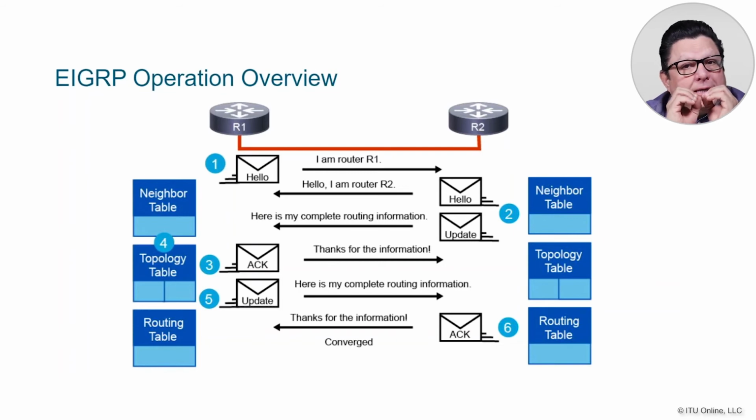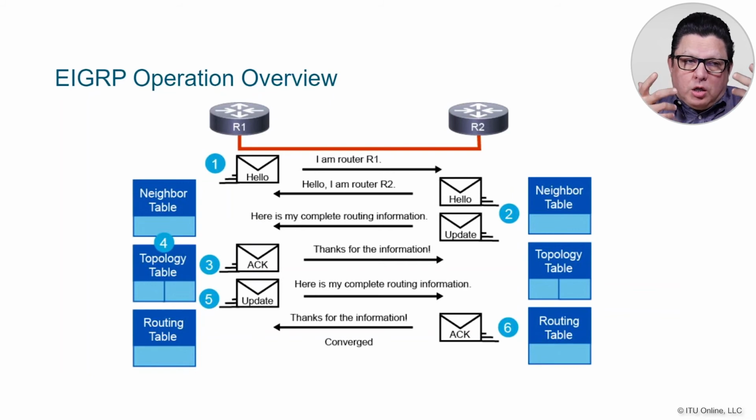With all those updates being received, the topology table is built. So the topology table contains the information on every possible destination and every possible way to get there. So that information is stored in the topology table, topology database.